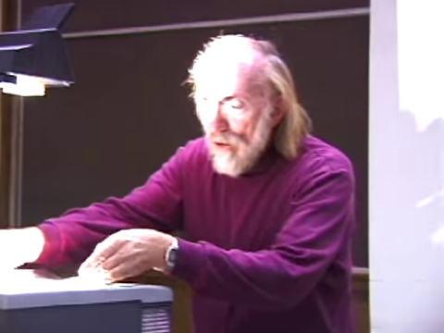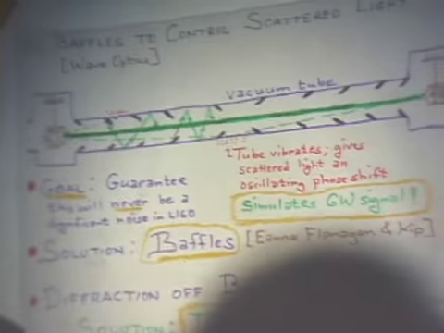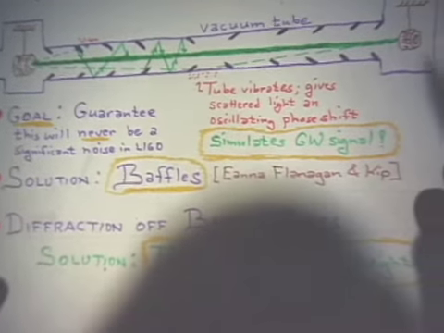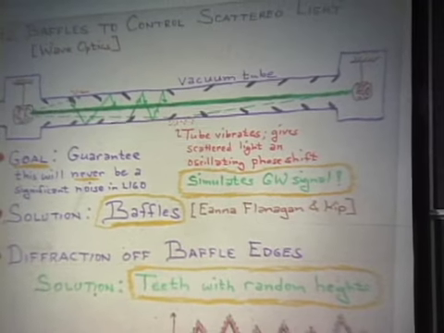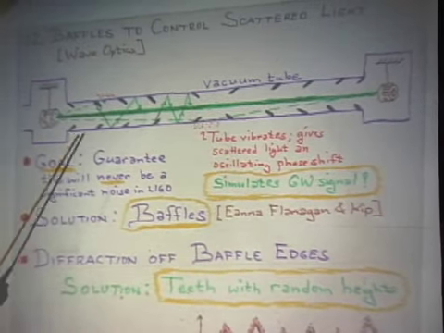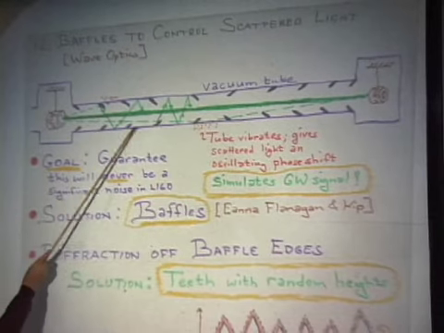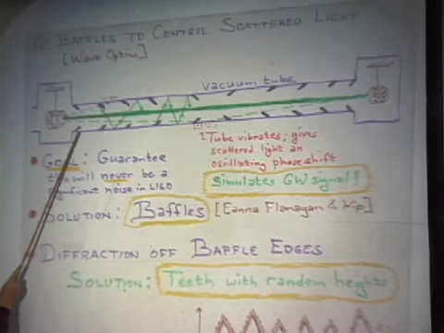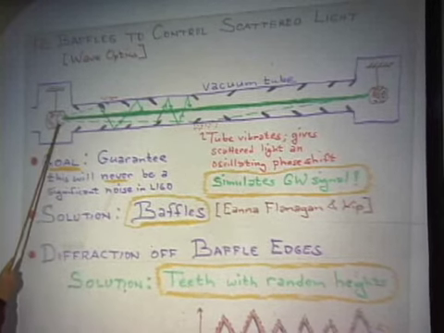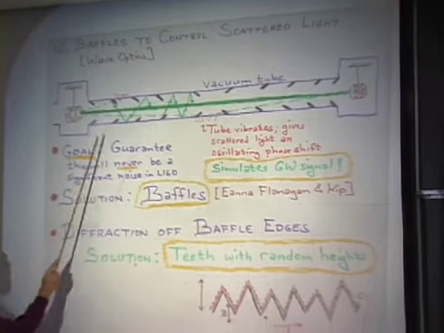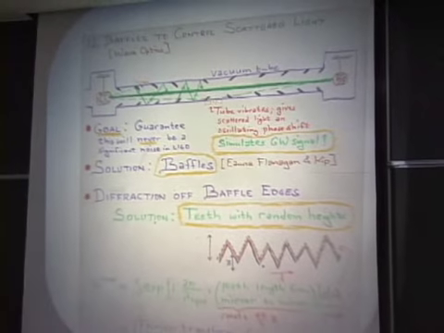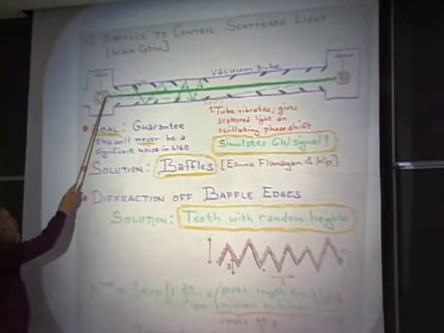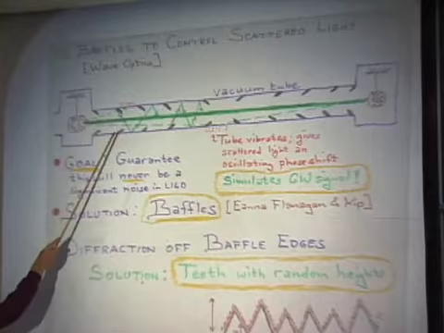What one needed to do was to put baffles on the beam tube to capture the scattered light. So, in fact, a set of baffles have been put on the beam tube, closely spaced near the end and corner stations, much more distantly spaced near the center of the beam tube, just spaced so that any light that scatters off of this mirror cannot see the beam tube itself.